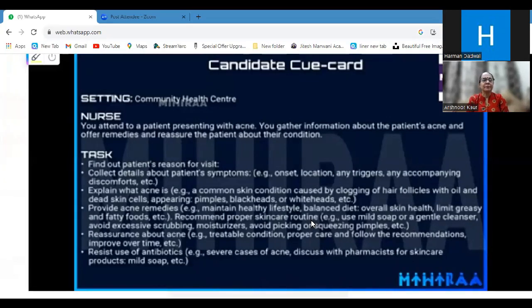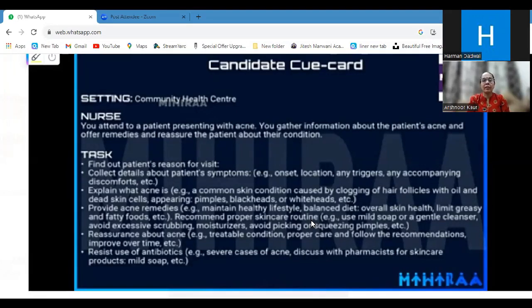Now come to resist use of antibiotics. That is an example. Severe cases of acne, discuss with pharmacist for skincare products, mild soap, etc. In the severe cases, when the inflammation is too much, the acnes are pus-filled, there we need to apply antiseptics and to eat antibiotics, because the injuries or the wounds are only healed when antibiotics are used.